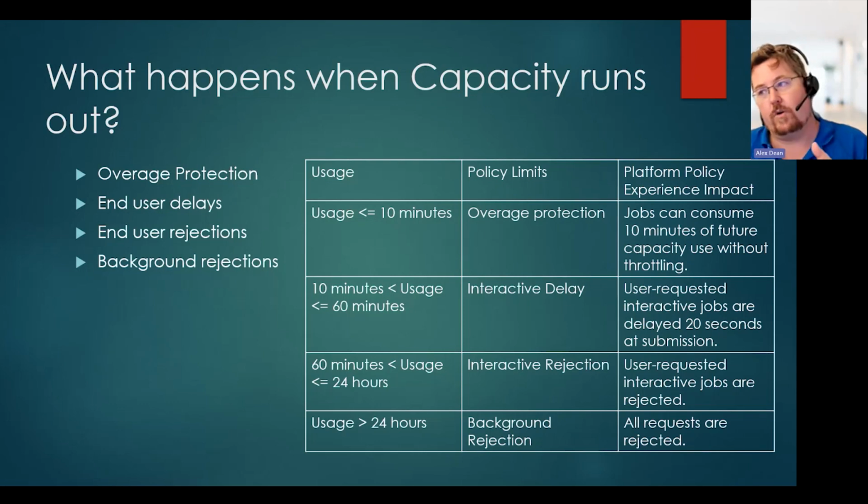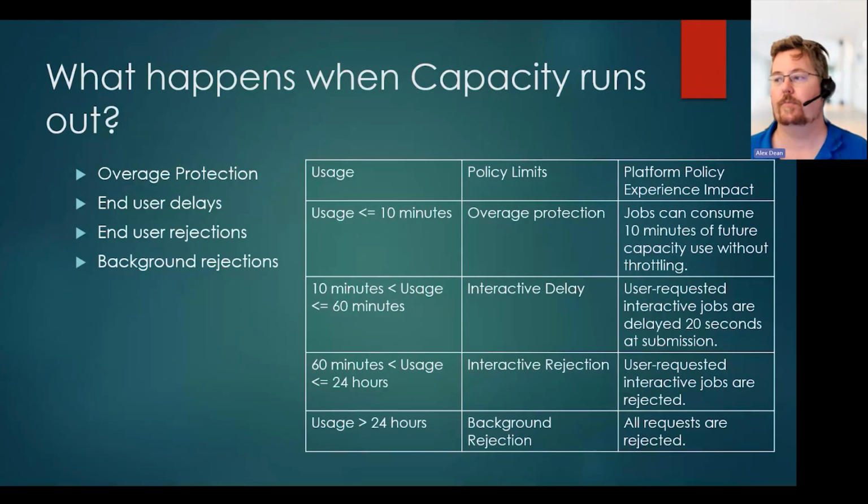And if this job that I'm planning to do for you right now is going to take up more than that, then I'm going to move into the next stage. If it's less than the next 10 minutes, just do it. I'm going to execute it, I'm safe. If it's more than 10 minutes, but less than 60 minutes of usage, that's when I'm going to start telling your end users, nah, you've stretched the boundary a bit too far.